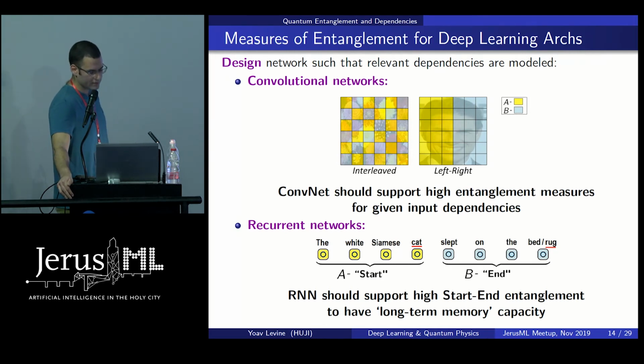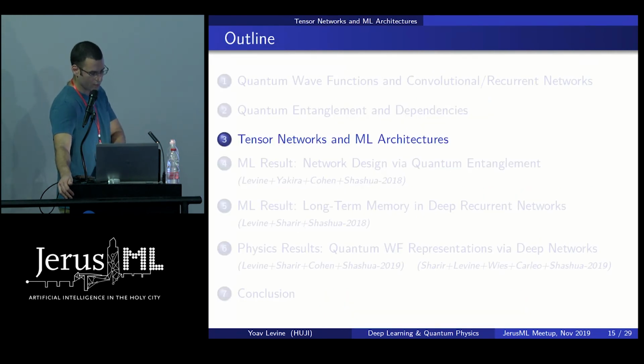And this is a motivation slide for what we would like to happen. We now take inspiration from how physicists control entanglement in their networks in order to derive rules of thumb for deep learning practitioners on how to tailor their network architecture to specific task specifications.